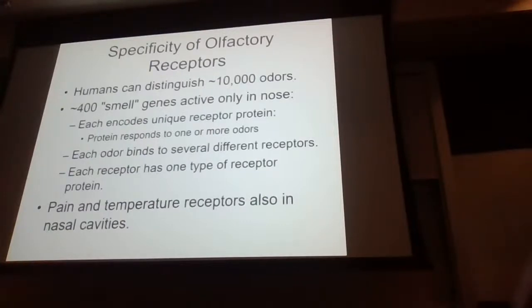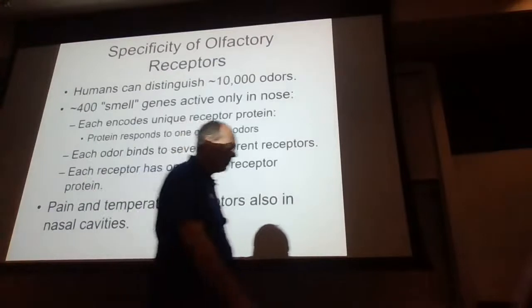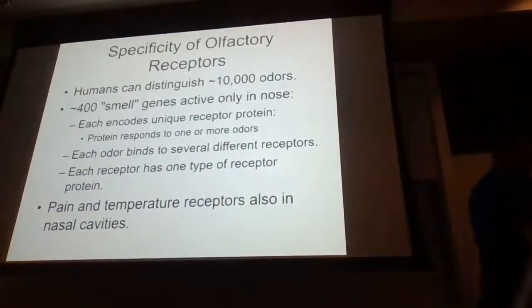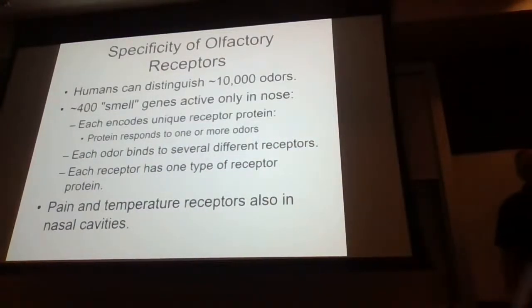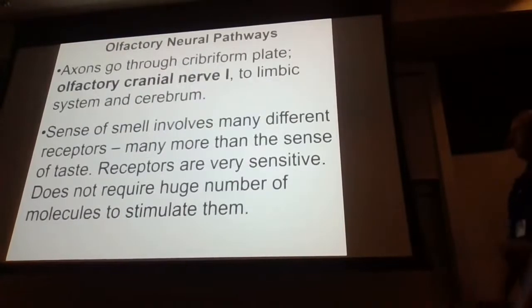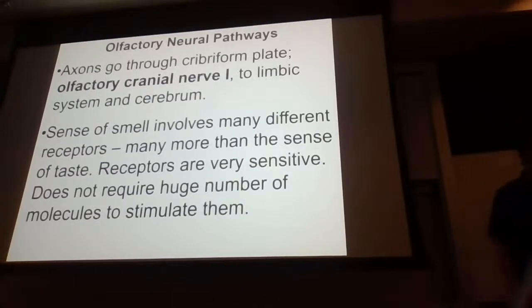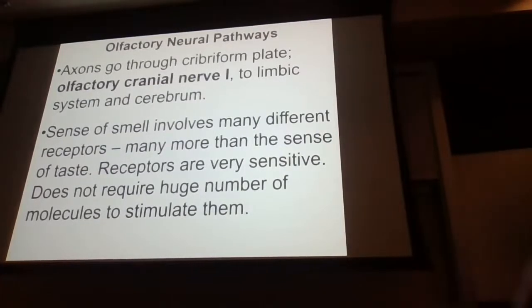We also know that in the nose, we have both pain and temperature receptors, because you can smell something to tell if it's warm, can't you? This olfactory neural pathway goes through that cribriform plate. It makes it to the olfactory bulb here, which is associated with the first of 12 pair of cranial nerves.